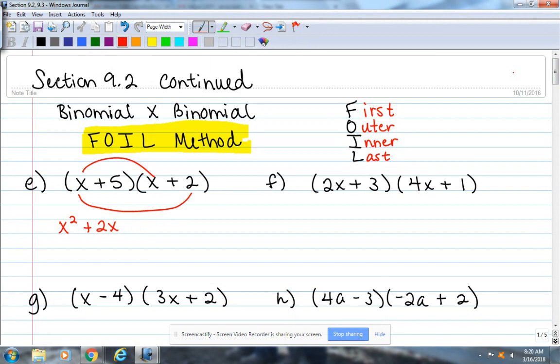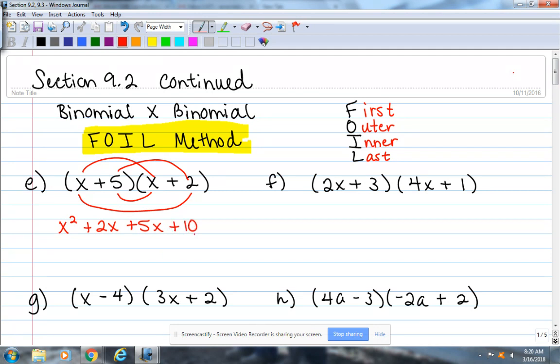I stands for inner. That means the two inside terms. So what is 5 times x? 5x. And L stands for last. That means the last term in each parenthesis. So 5 times 2 is what? 10, plus 10.